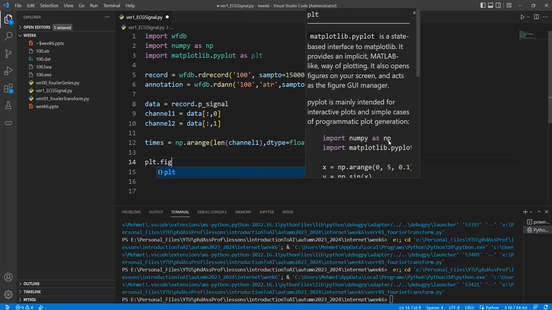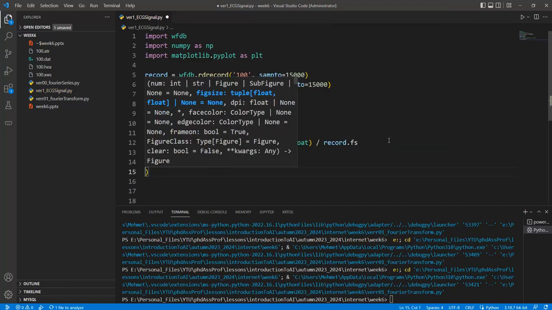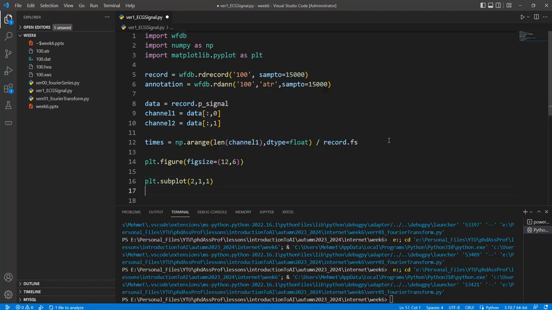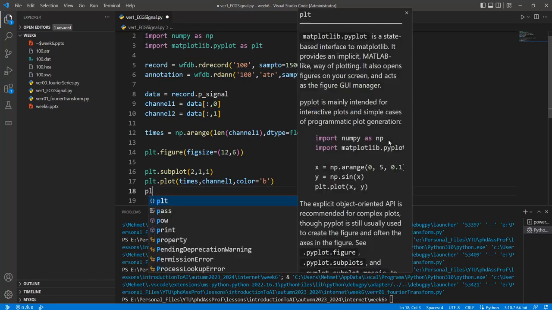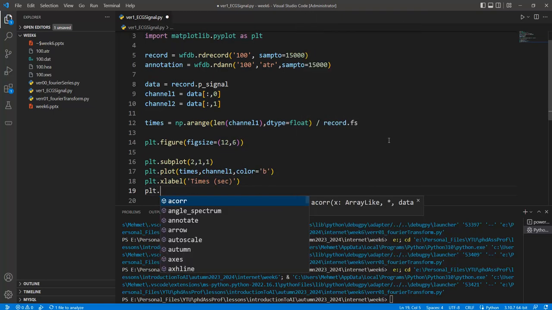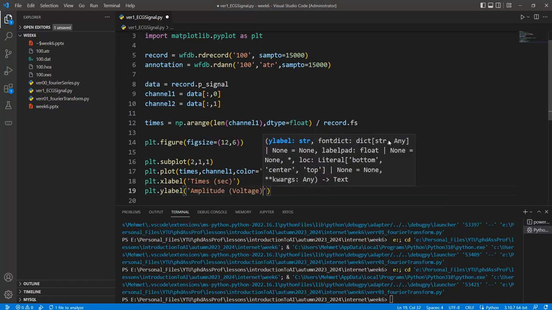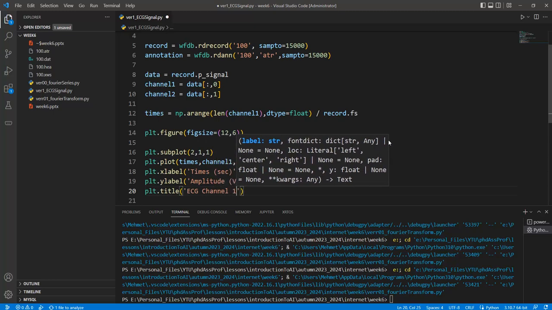So plt.figure, the figure size is assigned 12, 6, okay, and plt.subplot 2, 1, 1, and plt.plot times and channel 1, with the color, for example, B, okay, and plt.xlabel time (sec), and plt.ylabel amplitude voltage, okay, and plt.title ECG channel 1, okay.